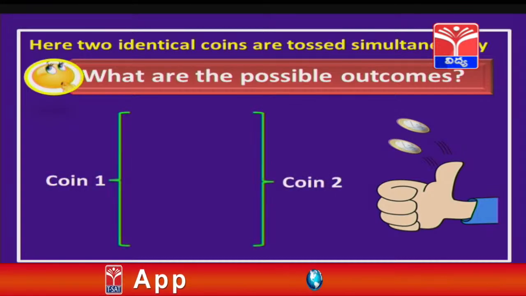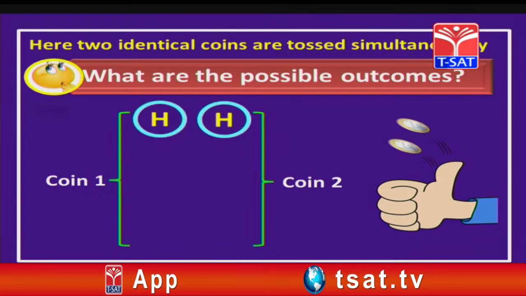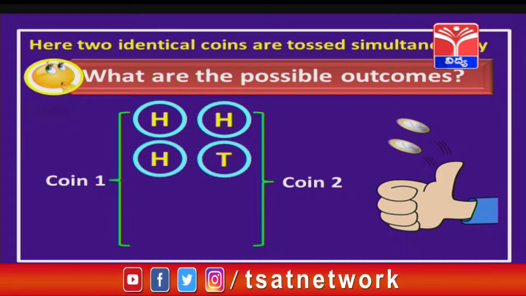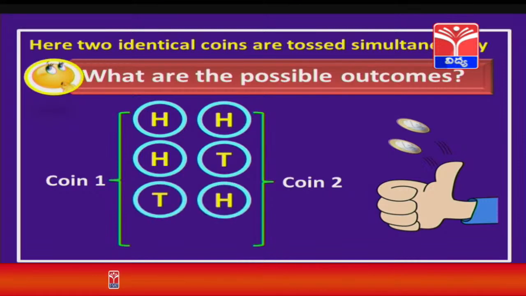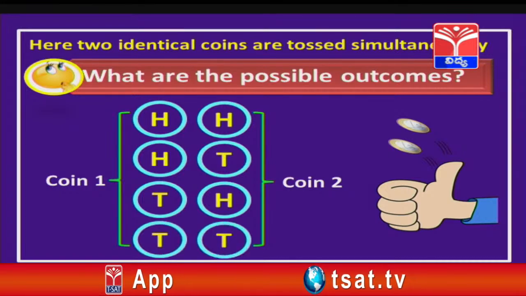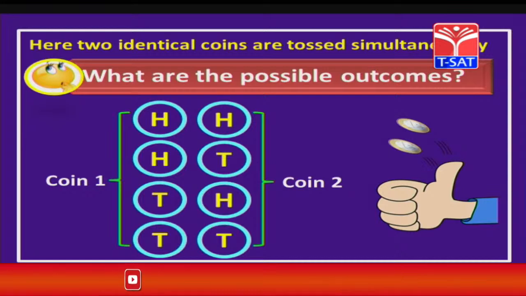So, let us see first coin as well as second coin. So, you may get both heads, that is head in first coin and head in second coin also, or you may get head in first coin and tails in the second coin. Then third one, you may get tails in first coin and heads in the second coin, and finally, you get tails in both the coins. That means, total how many possible outcomes are there, children?